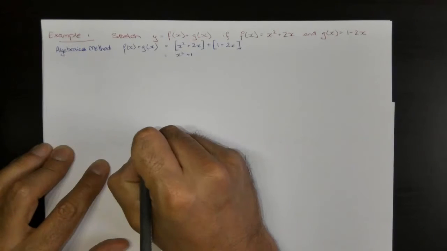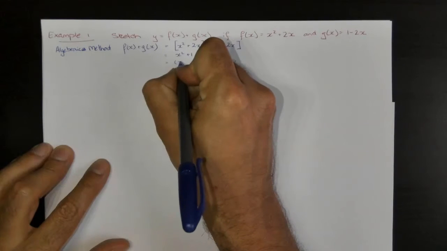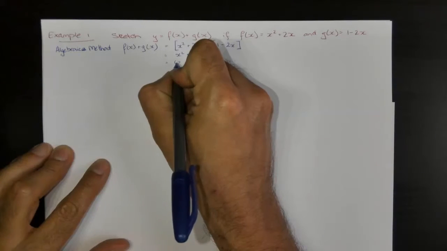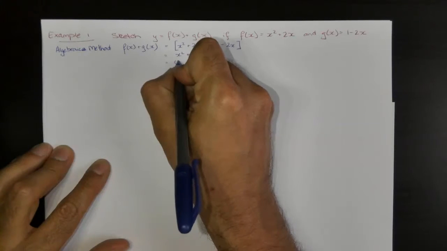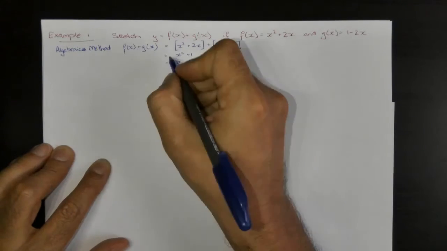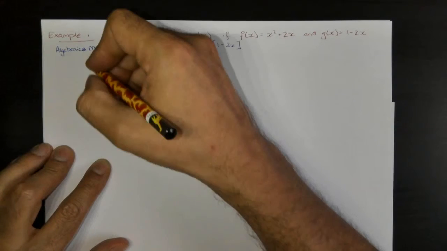So I create a parabola of x squared plus 1. So the normal x squared translated up the y-axis by 1.